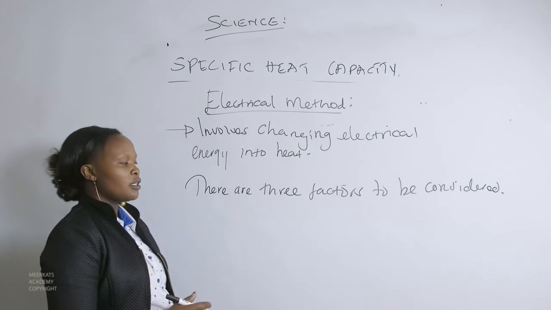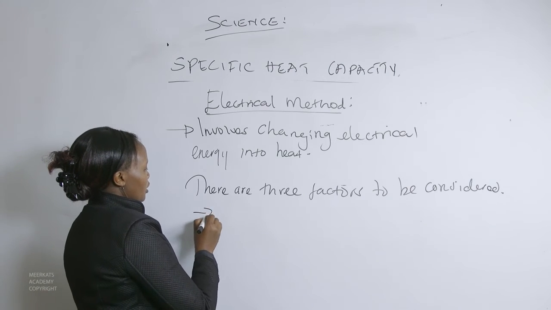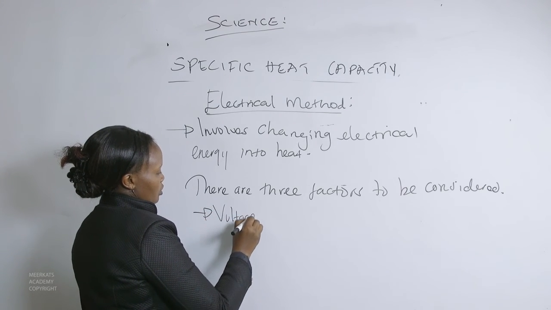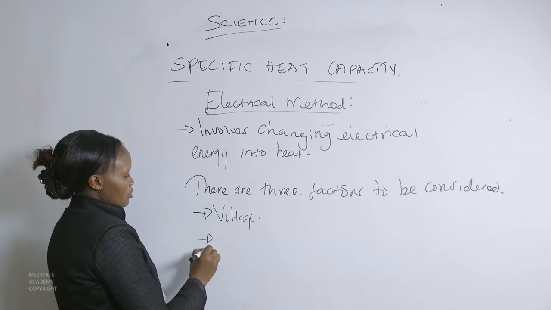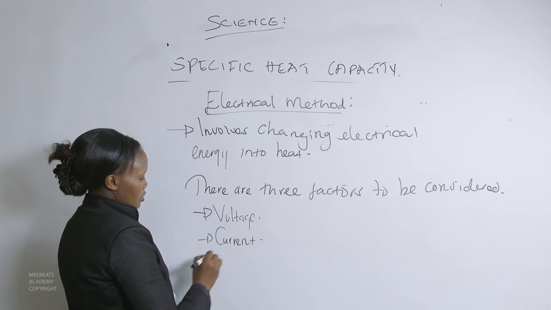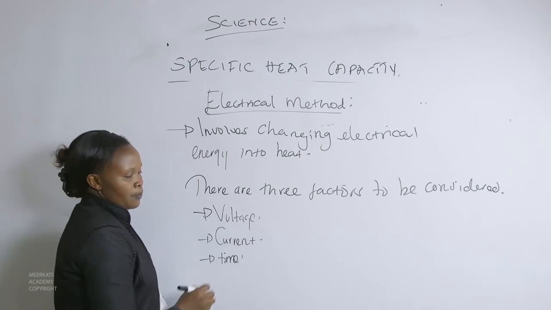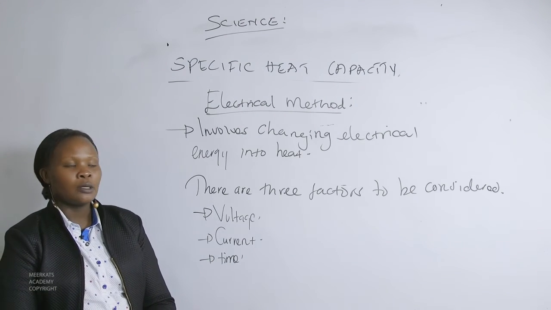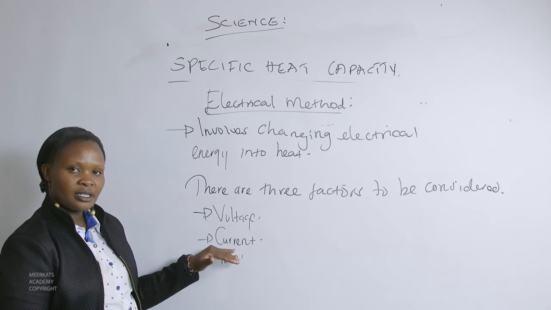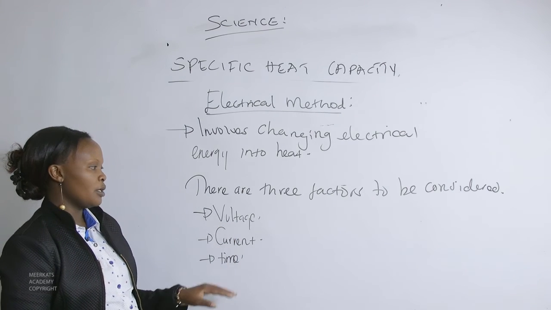Number one is the voltage. Number two is the current. And the time. We have voltage, we have current, and we have time.